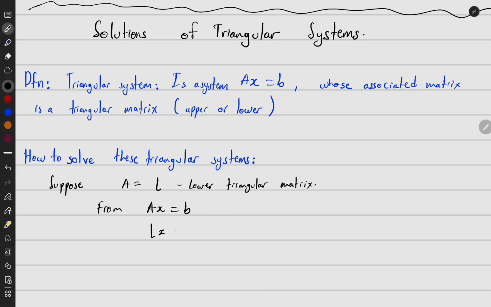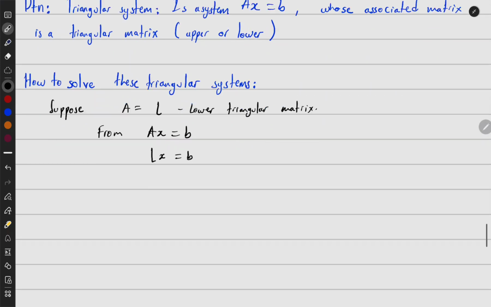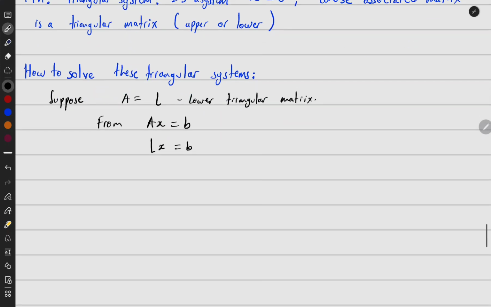now I have L X equals B. But we know that this A is an n by n matrix, therefore even my L must be an n by n matrix. So what do I have?